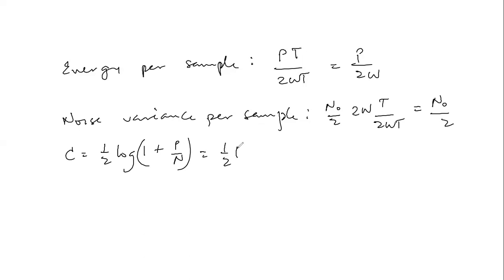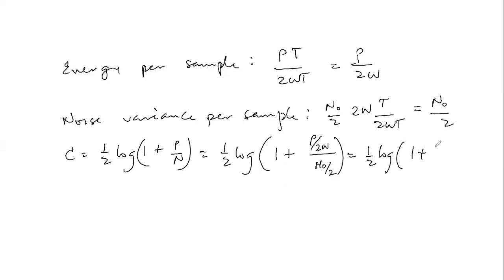That will be half log bracket 1 plus P over 2W divided by N naught over 2, which is the same as half log bracket 1 plus P over N naught W. This is bits per sample. Okay?